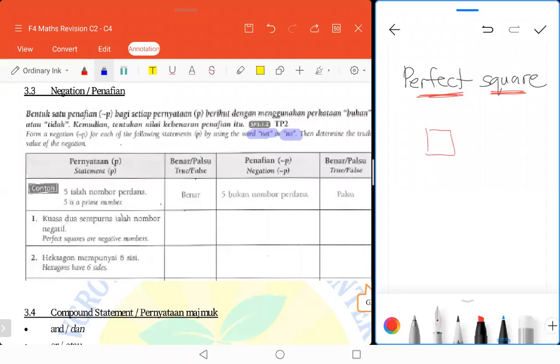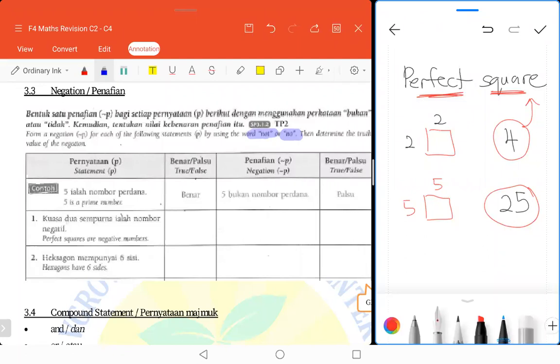If we have a square with side 2 cm, 2 times 2 is 4. So 4 is a perfect square. Another square with side 5 cm, the answer would be 25. So 25 is in the list of perfect squares.